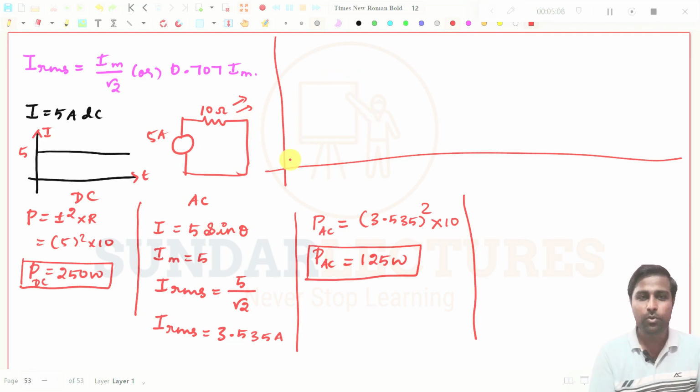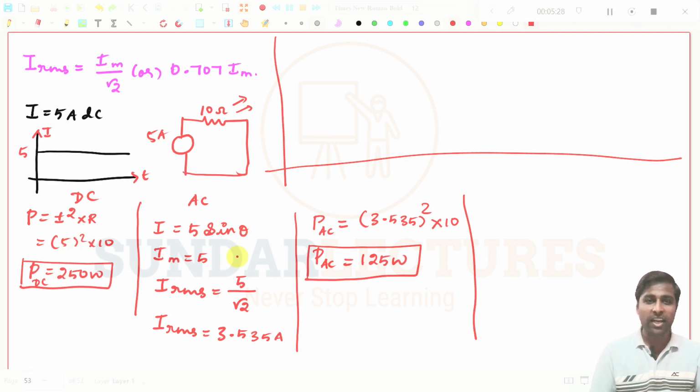So you see, I know the maximum value is 5 amperes. Here IM is the 5 amperes, and I need to find what value of current has to be taken to get the 250 watts of power. My IRMS should be 5 amperes.